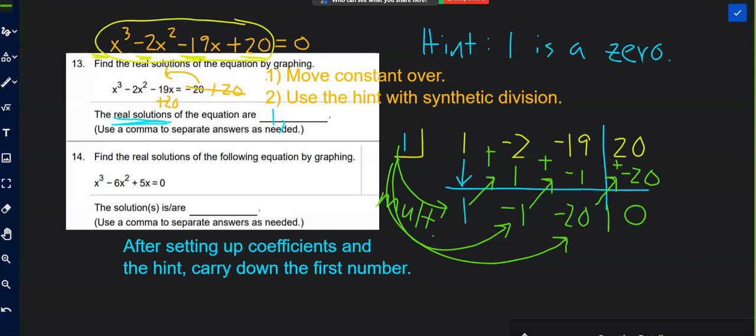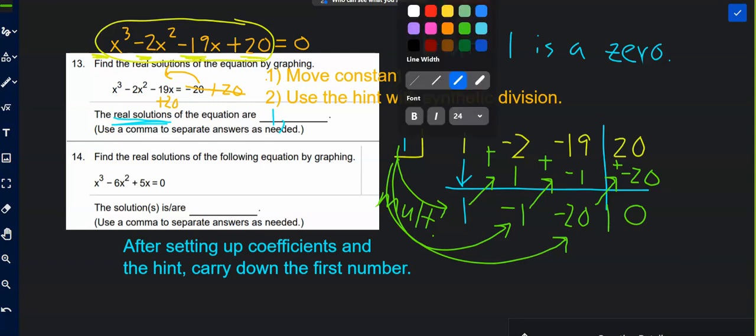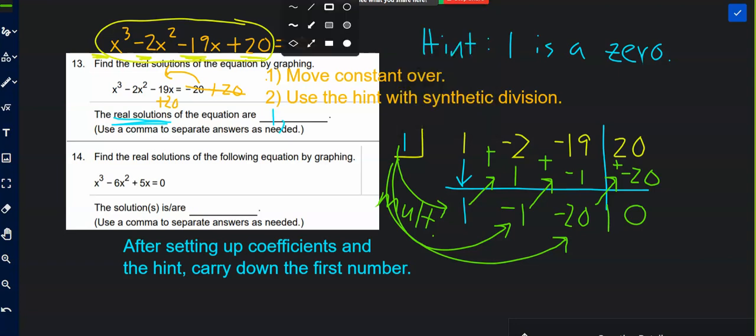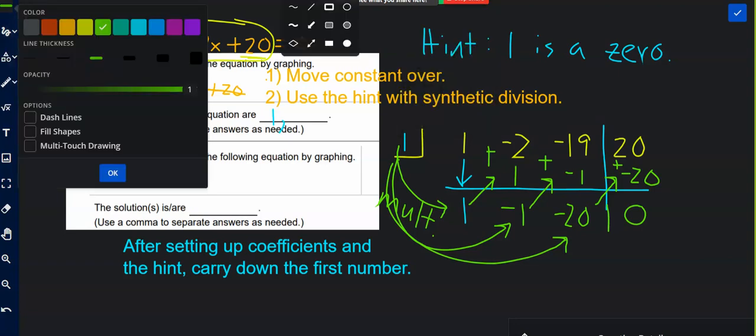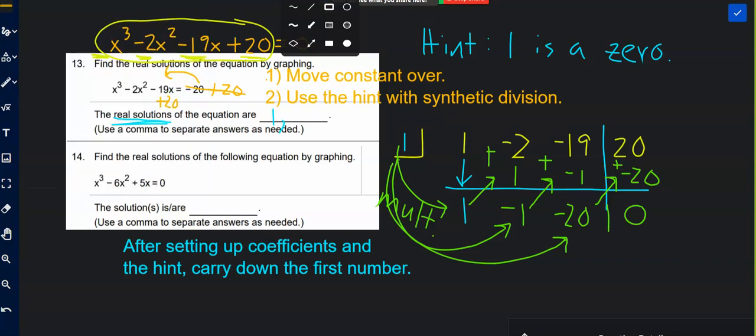Now, what did we just find? We're going to come back here. We're going to pick a different color. The final number in our synthetic division is called the remainder. The remainder is how much is left over.